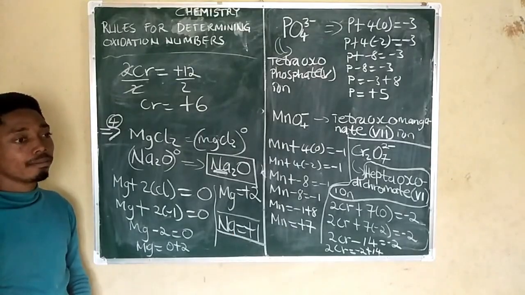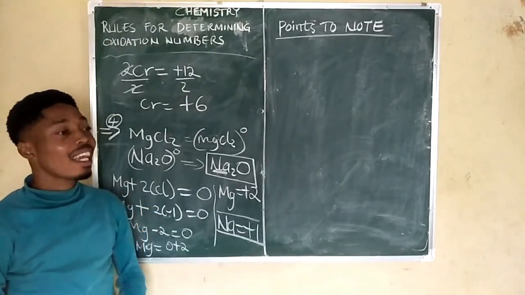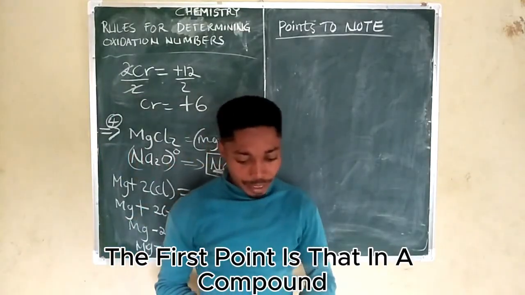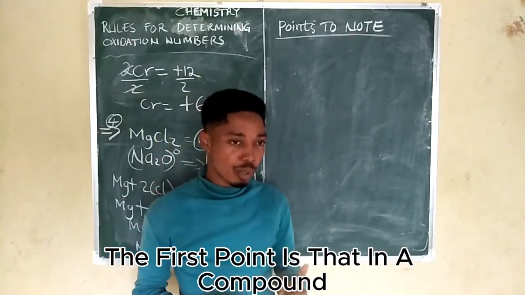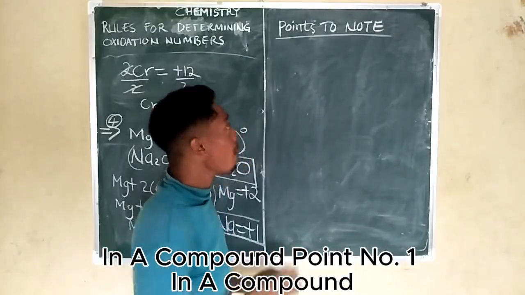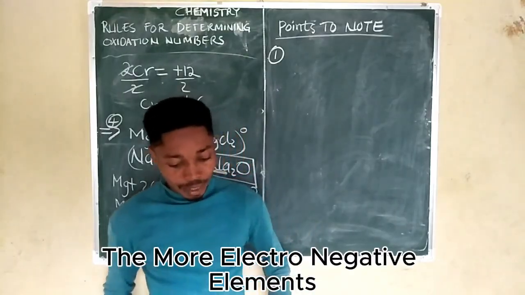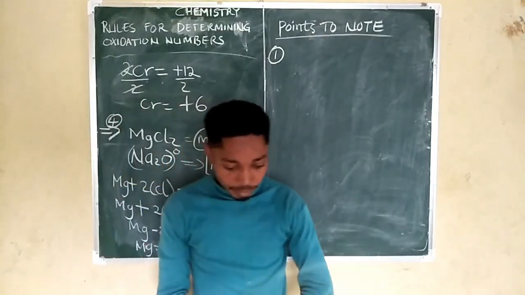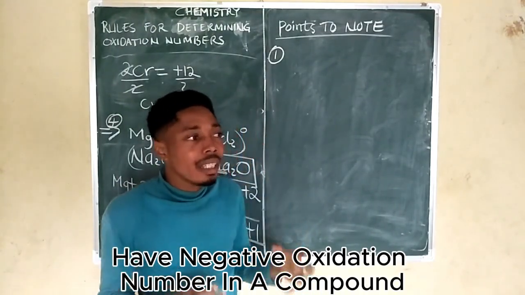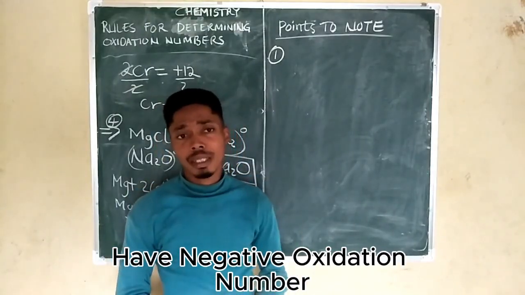Let's proceed. There are 3 points I would like us to note as still part of the rules. The first point is that in a compound, the more electronegative elements have negative oxidation numbers.